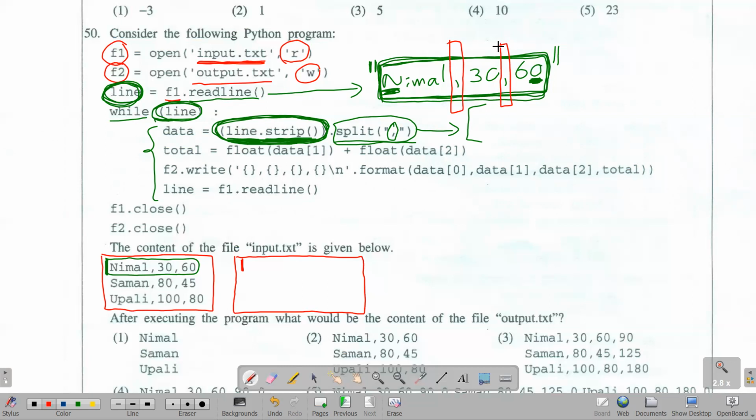So 3 different items will be created. One is Nimal, considered as a string. Another one is 30, also considered as a string. The other one is 60, also considered as a string. Right? So since this is a list, these items are separated by the comma.